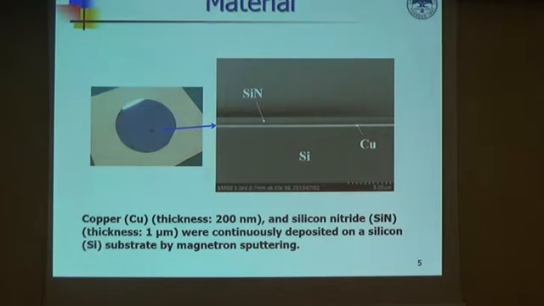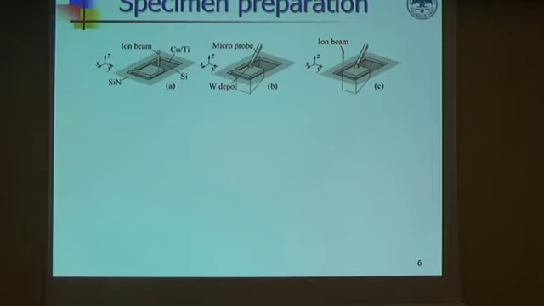Okay, first of all, we prepared a multi-layered material. And this is a cross-sectional image. And as you can see, the copper is sandwiched by a silicon nitride layer and silicon substrate. And from this material, we fabricated the specimen by FIB processing.